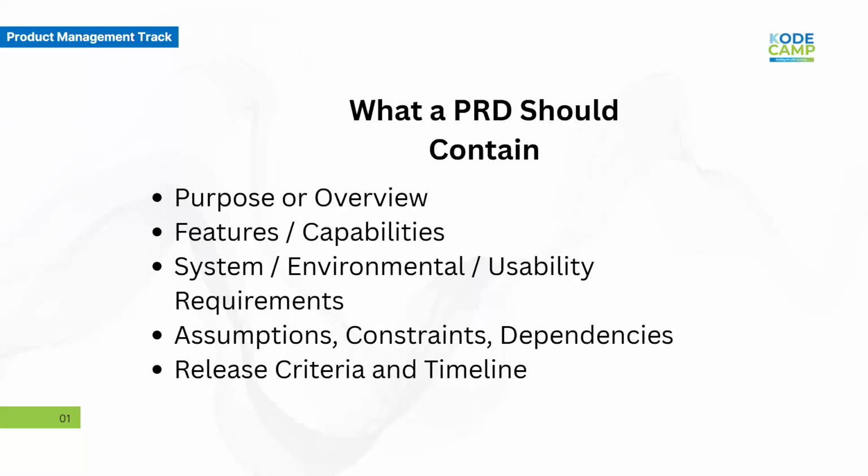System requirements might include things like the app must support Android version so-and-so or higher, or the app must work on devices with screens as small as maybe 4 inches. Those are system requirements. Environmental requirements might include things like browser compatibility for web apps. Say it must work on Chrome, Firefox, or Safari. It must work on those browsers.